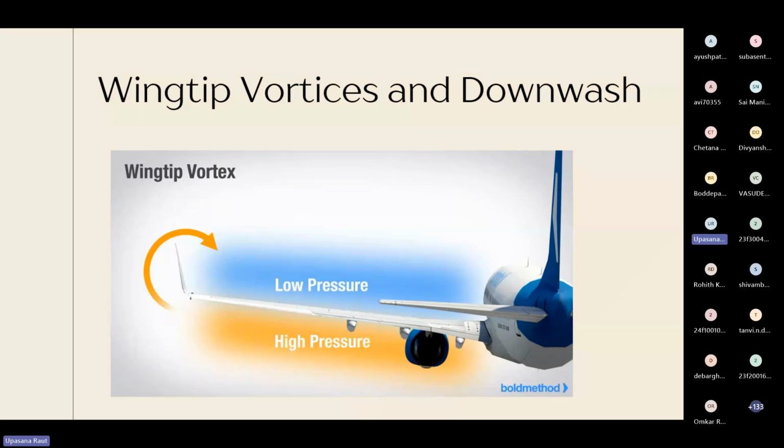So the air particles would like to go from high pressure area to low pressure area, like water always flows from higher potential to lower potential. These air particles would also like to go from high pressure region to low pressure region.